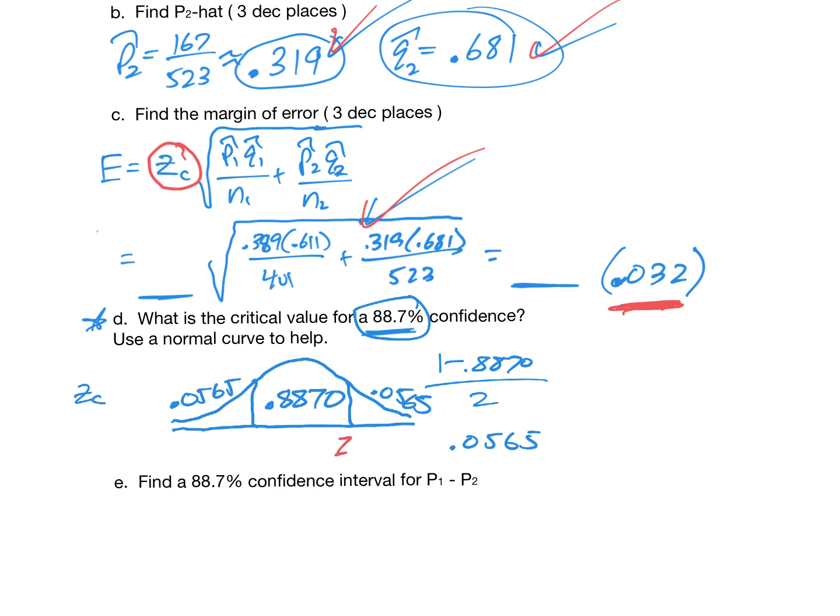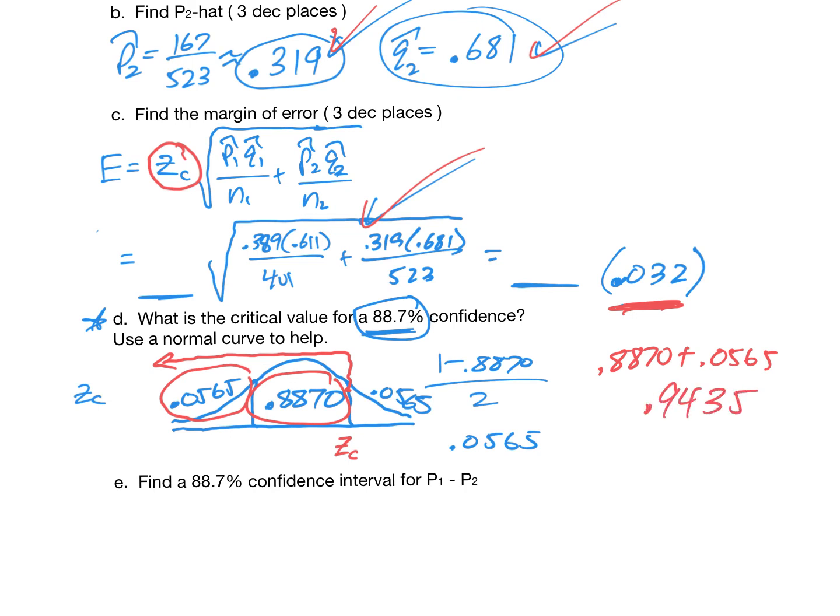Now, since we're looking for the positive z of c, you are going to take what's less than that. So you will always add those 2 decimals together. You will add the 0.8870 and the 0.0565, yielding 0.9435. This is the number you have to look up in the body of the chart.